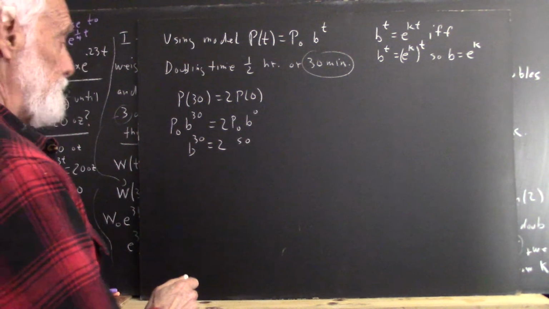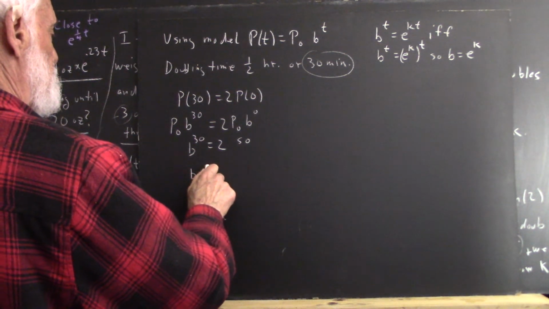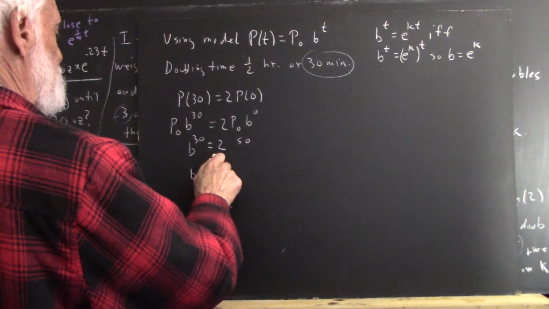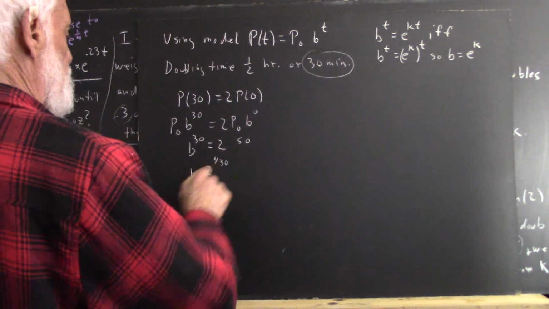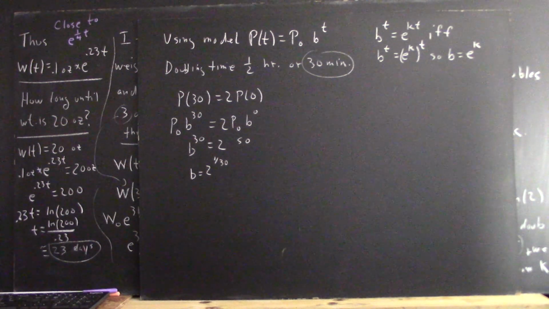So b would be 2 to the 1/30th. And we wouldn't have to use a natural log in this case.